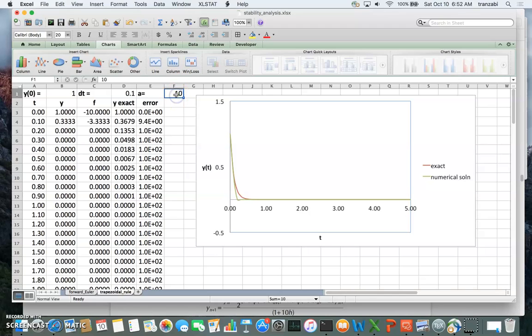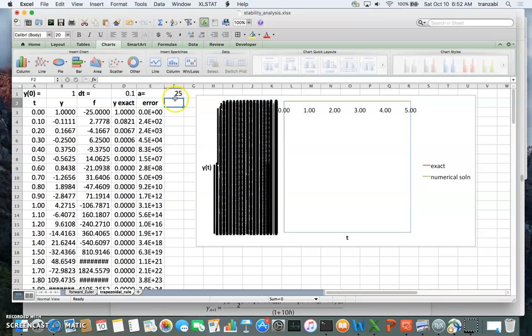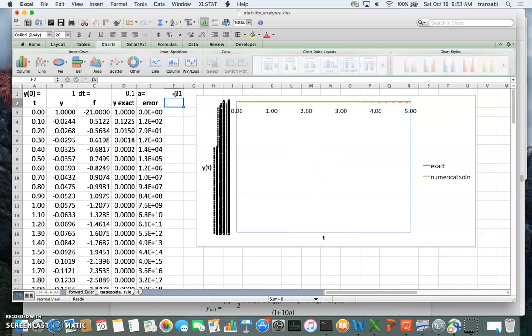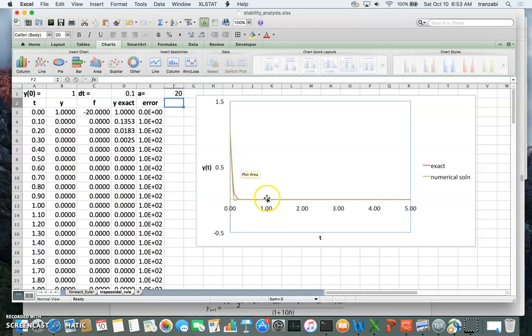So I'm going to make it 20. That's about 2, and at this point we are ready to get unstable. So if I make it 25, you see that the solution, actually this is too much. Let's make it 21. Let me go back to 20. Okay, 20 is okay.